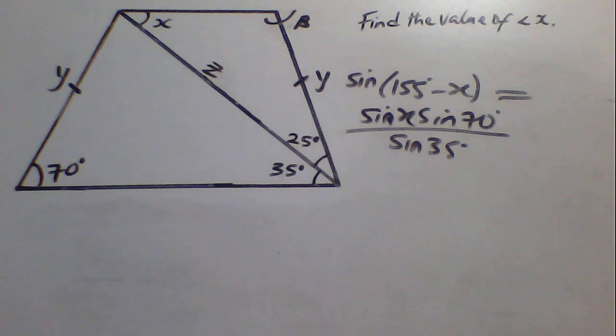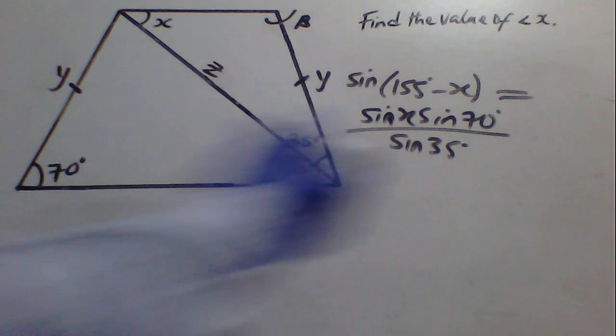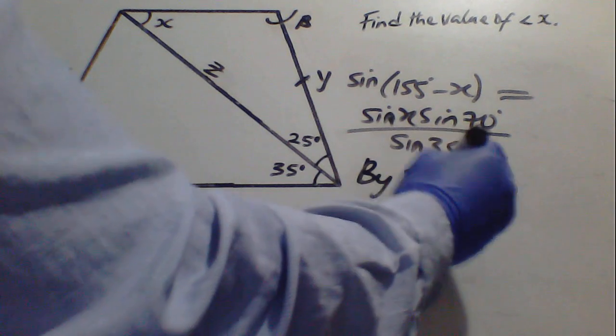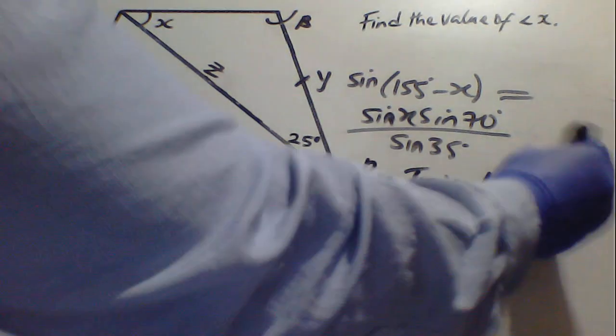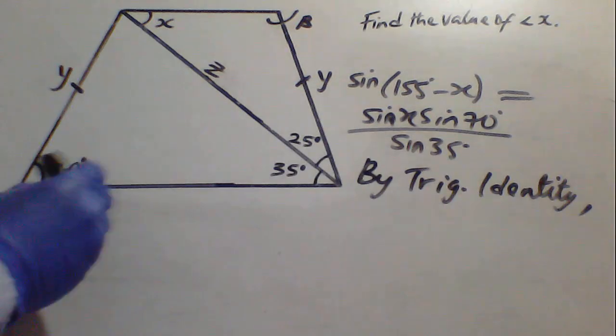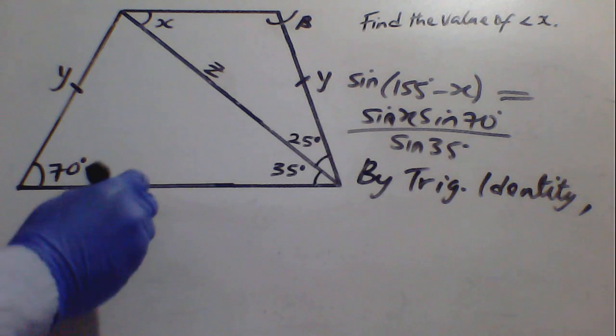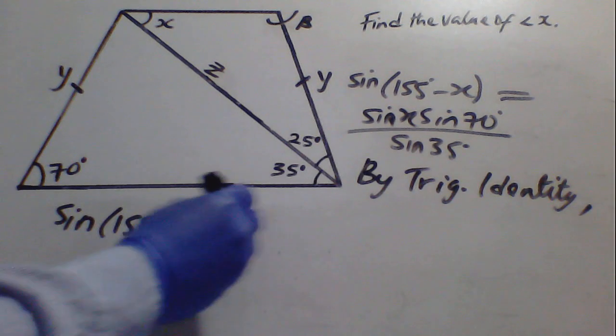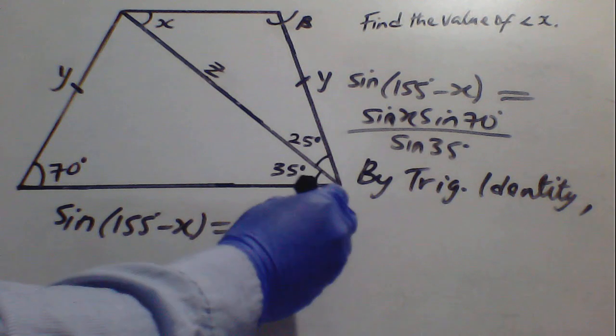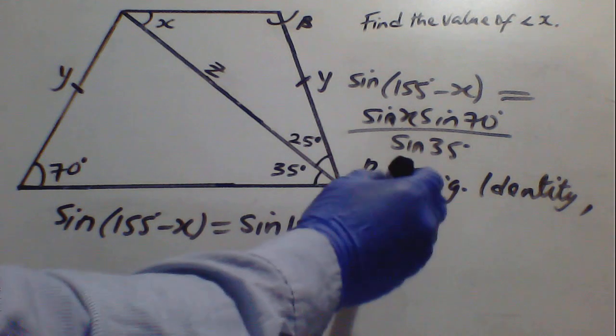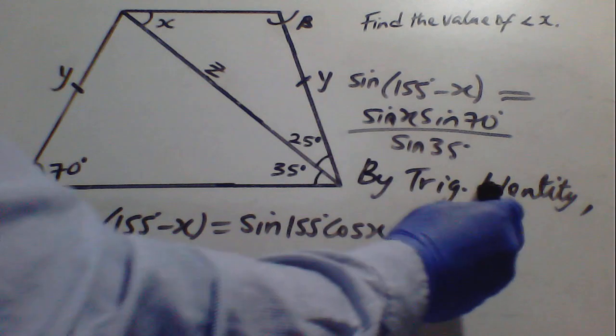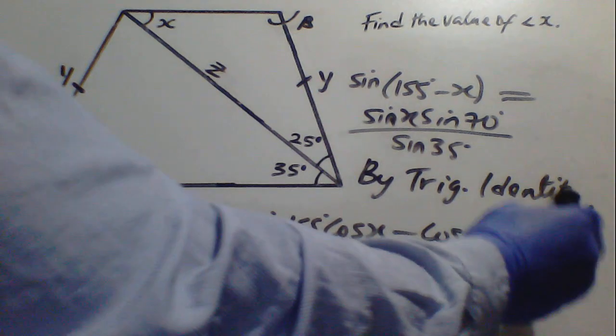So you can say by trigonometry identity, sine 155 minus x is equal to sine 155 cos x minus cos 155 sine x.